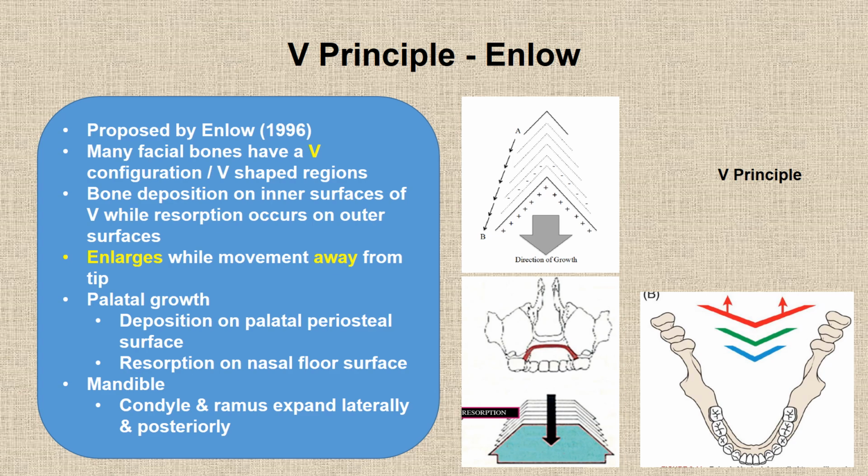Now, the result of this is that the bone enlarges while moving away from the tip of the V. If we look at the palate, there is deposition on the palatal periosteal surface, whereas simultaneously there is resorption on the nasal floor surface. In the mandible, the condyle and the ramus expand laterally and posteriorly due to this growth.